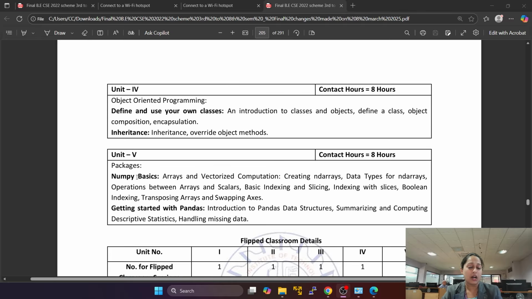These two modules are very important if you want to pursue your career in machine learning or artificial intelligence. Right? These two packages are very important. There are different functions or modules available in these packages.